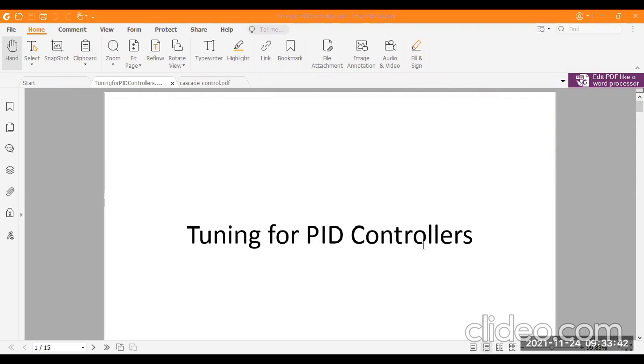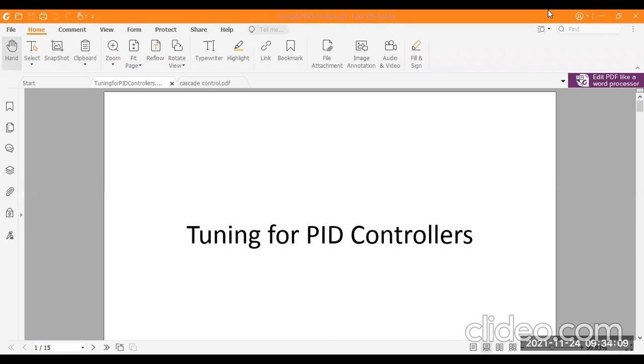In our syllabus, for the controller tuning part, there is one method we have to discuss, that is the Ziegler-Nichols method of tuning the controller. First of all, we have to know what tuning of a controller is.